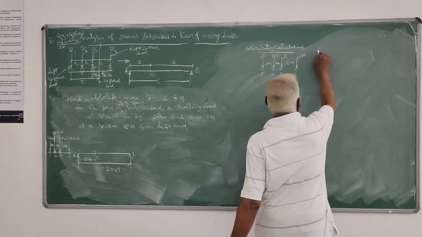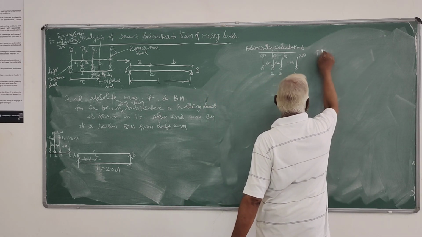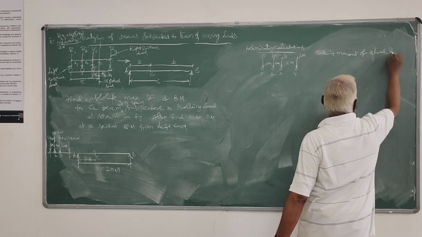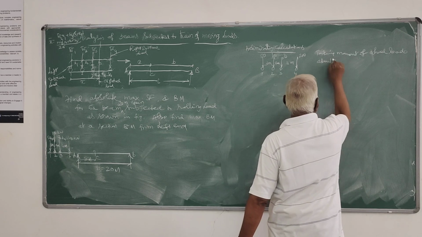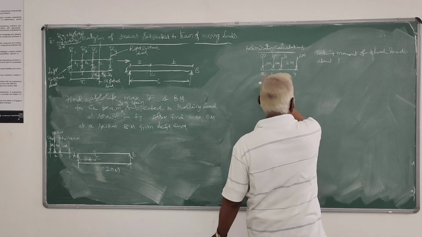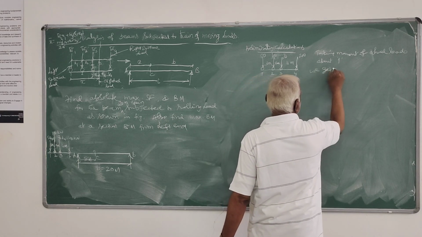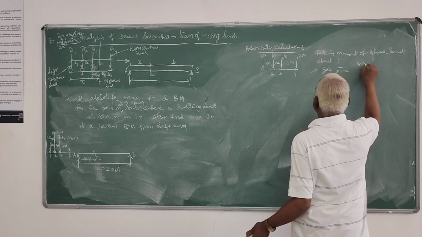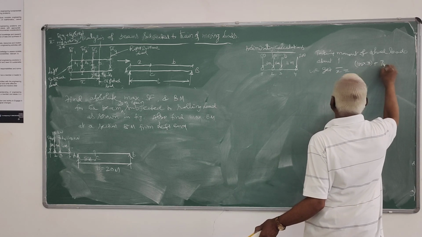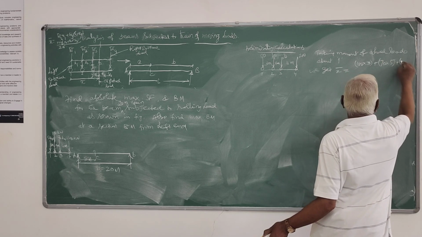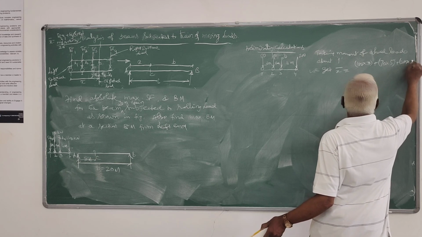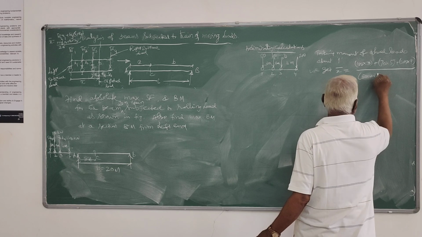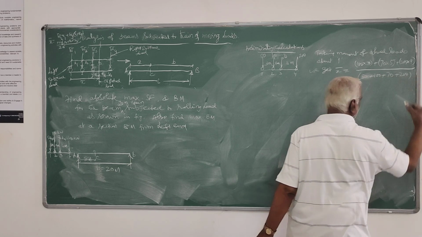So, taking moment of wheel loads about 1, x bar, that is the distance of CG of the wheel loads from 1, we get x bar equal to 100 into 3 plus 70 into 5 plus 200 into 9, divided by the sum of the wheel loads, 50 plus 100 plus 70 plus 200.